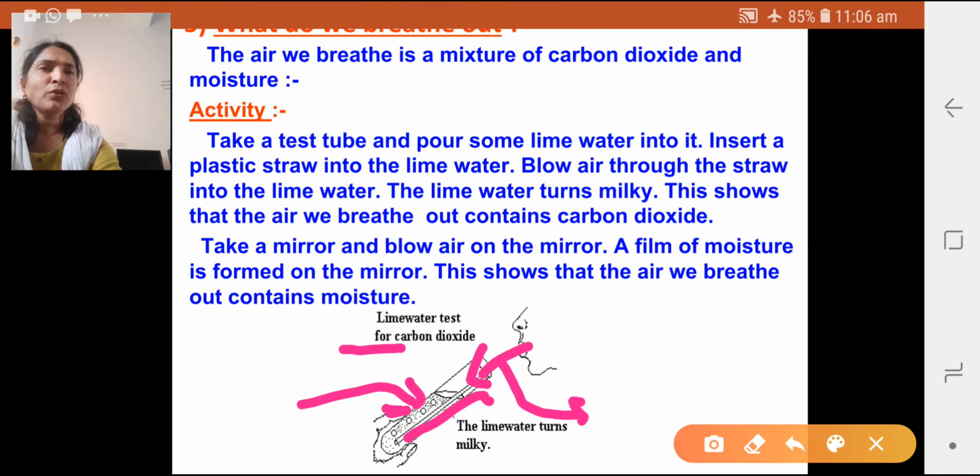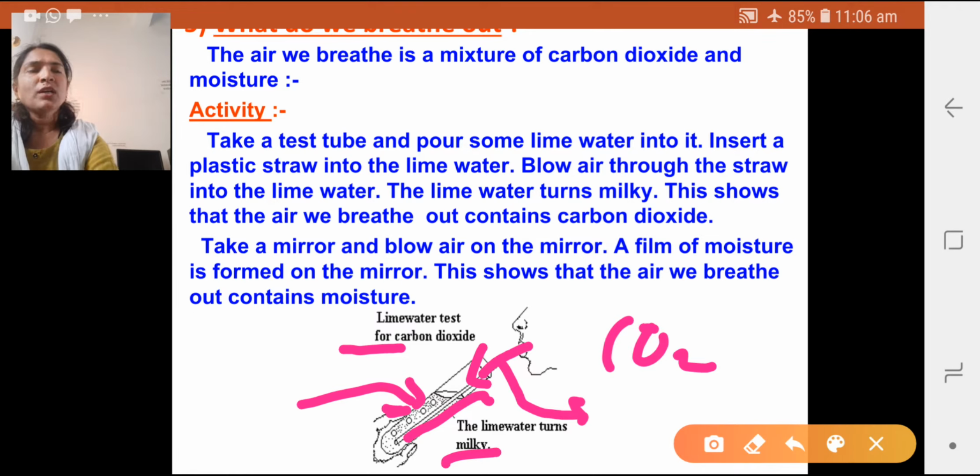When you breathe out, it contains CO2 gas. CO2 means carbon dioxide. When it goes inside the lime water, the lime water turns milky. When the lime water turns milky, it shows that there is a presence of carbon dioxide gas.